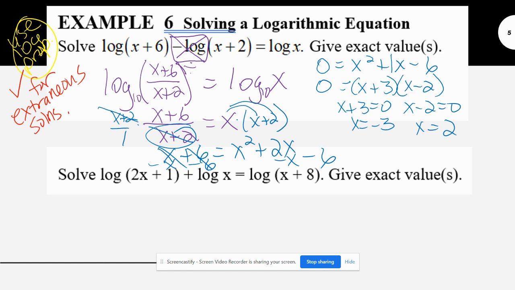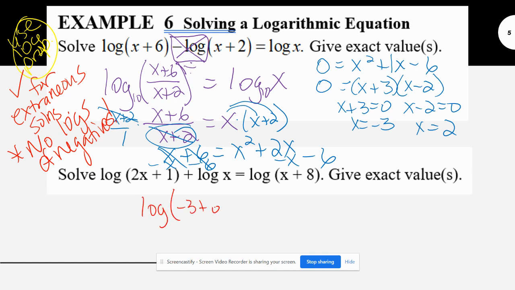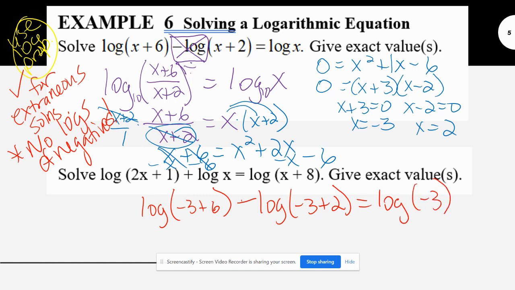And so we want to take these two solutions and plug them into our original problem to make sure we're not taking the log of a negative number. So if I do that, we have log of negative 3 plus 6 minus log of negative 3 plus 2 equals log of negative 3.